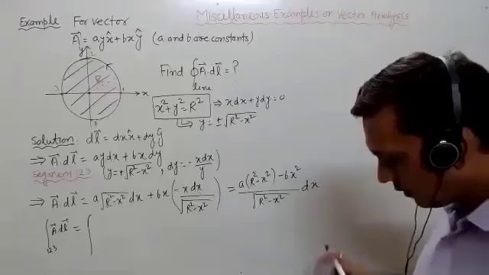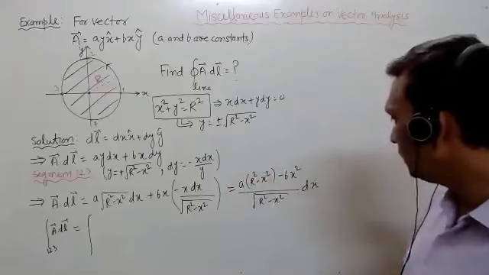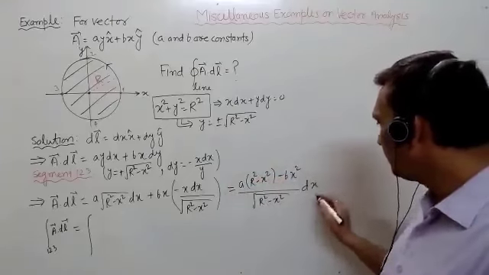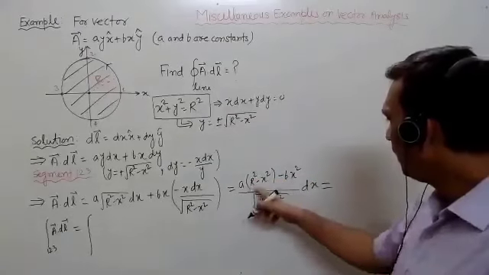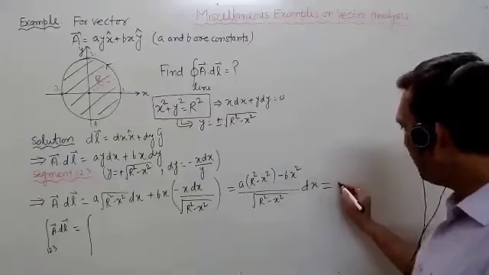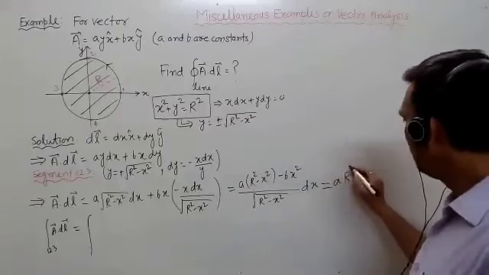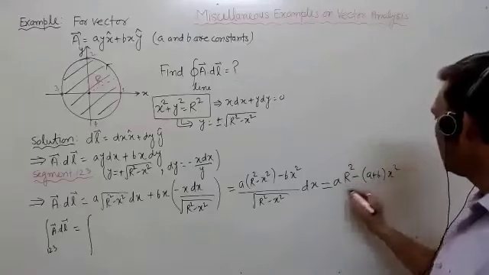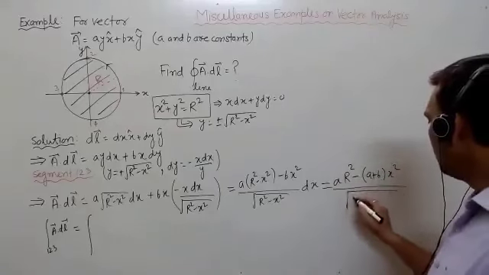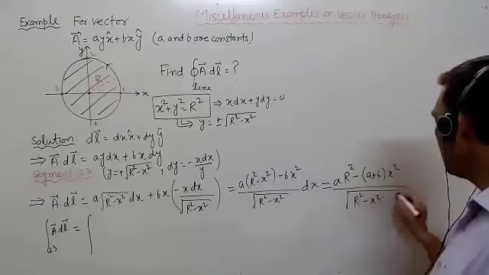So you can write this as a r square minus a plus b x square by root r square minus x square dx.